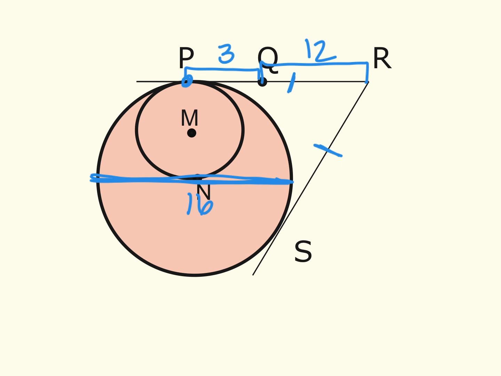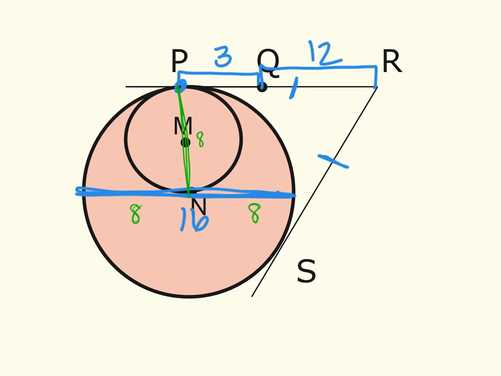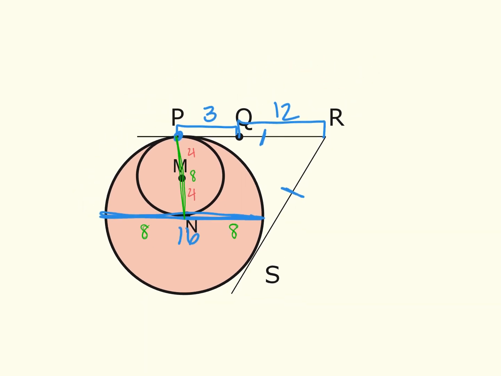So it's going to be 8 and 8. Now, if your radius, look how I'm drawing this line, is 8, what would my radius for circle M be? 4. Good, it's going to be 4 and 4. Is anybody confused on where I'm getting these numbers so far?